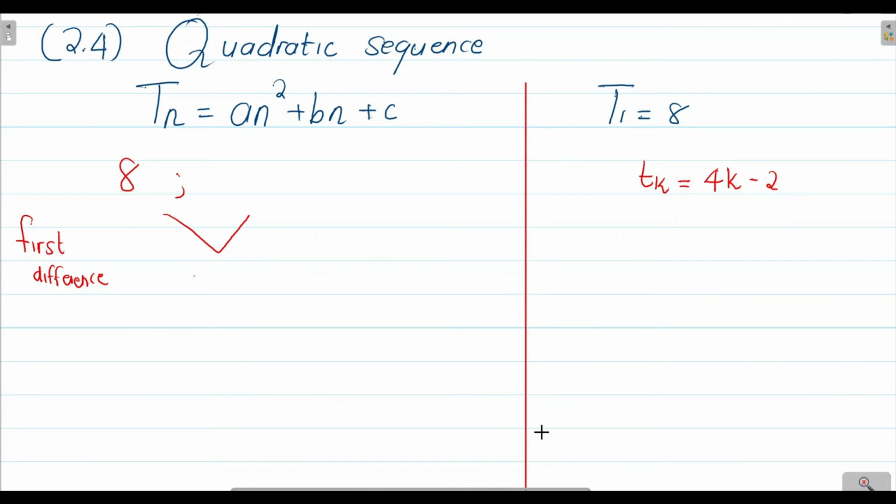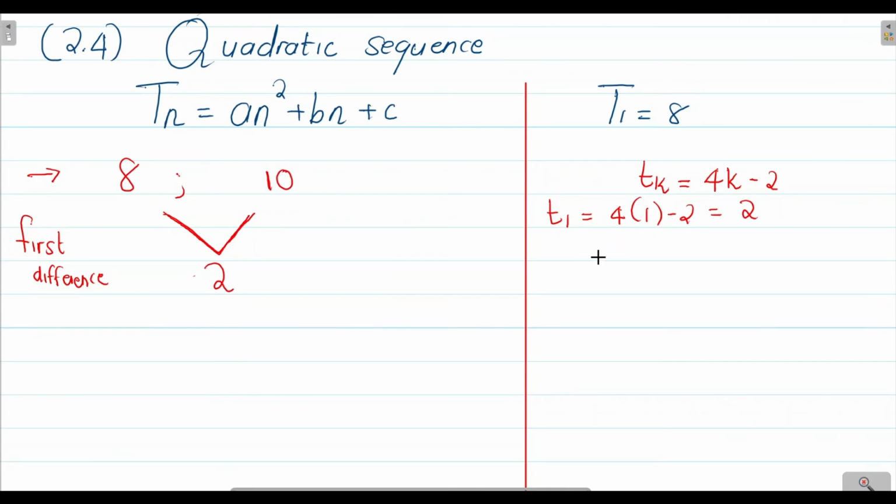So that means that to get the first term, we need to say 4 times 1 minus 2, which is equal to 2. So that is the first term here, and our first difference is 2. To get the second term in our initial quadratic sequence, we say 8 plus 2, which is 10.